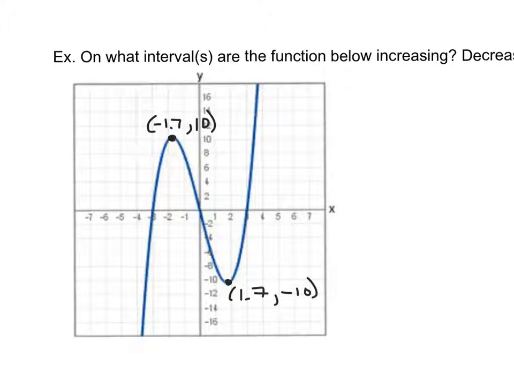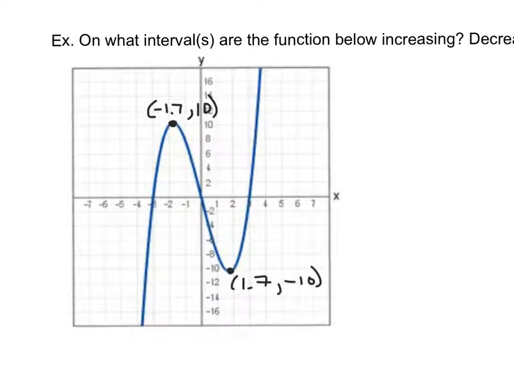So we'll do increasing first. The y values are increasing in all of this area up until that point, so basically forever. And then here it's increasing again at this point. So we have two intervals of increasing.